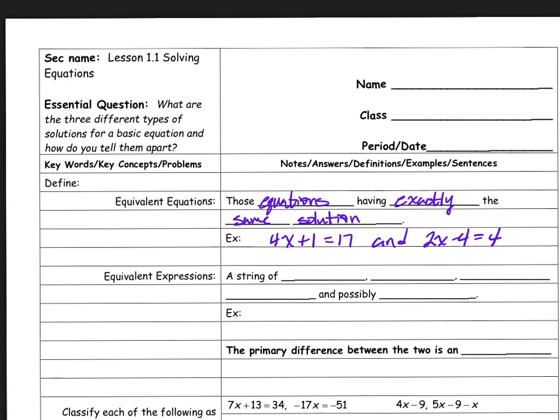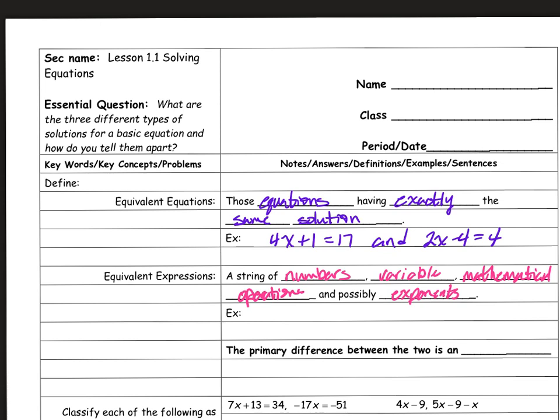Our next word is equivalent expression, and that's a string of numbers, variables, mathematical operations, and possibly exponents.